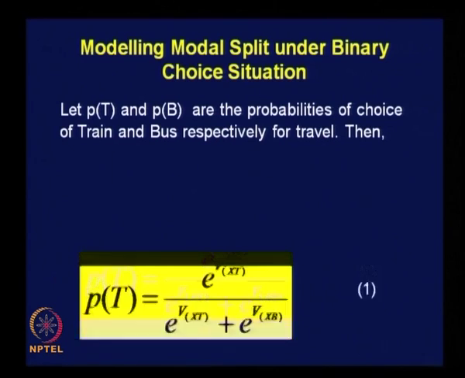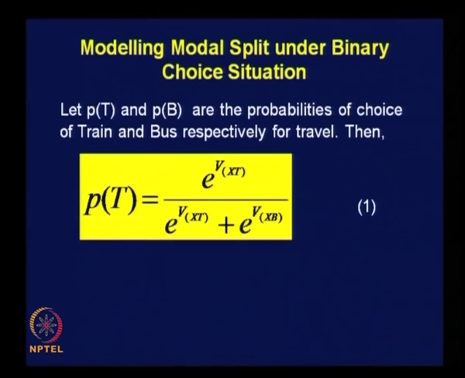Then we can write probability of choice of train to be equal to e power Vxt. T stands for train, x indicates the independent variables involved in the utility function. That is the significance of this subscript for Vxt, right, divided by e power Vxt plus e power Vxb.